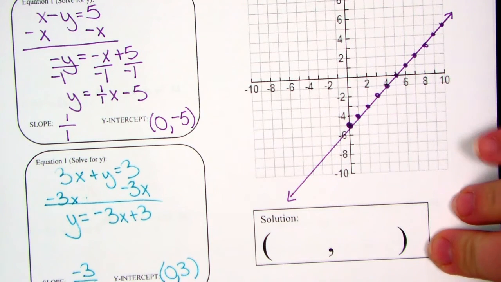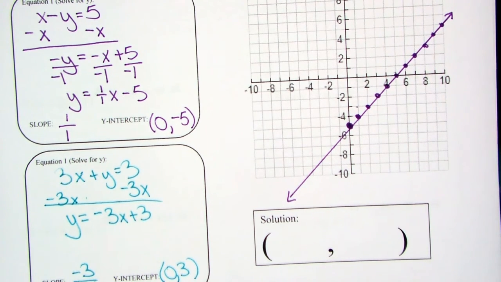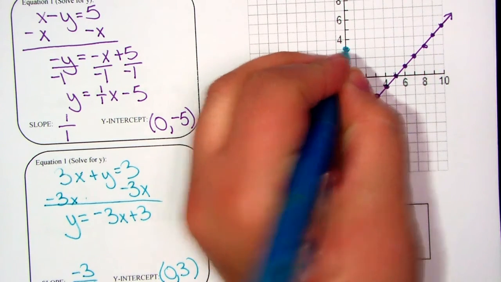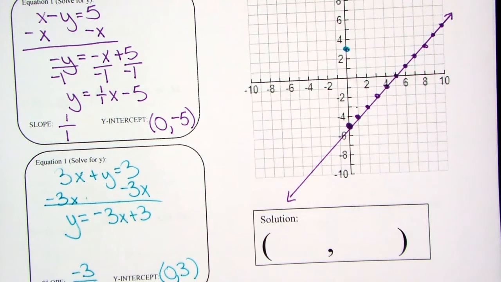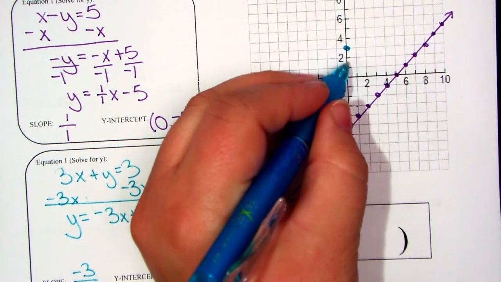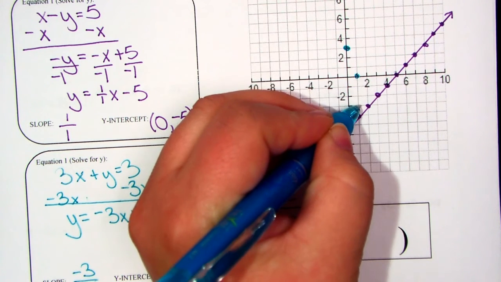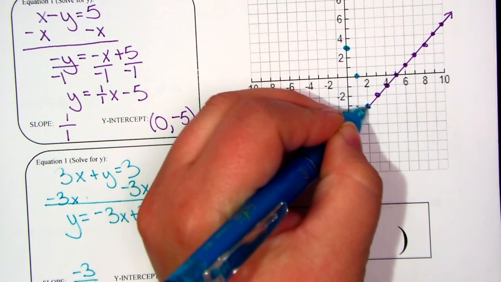To plot this, I'm going to start at 0, 3. 1, 2, 3. And then I'm going to count my slope from that point. Down 1, 2, 3, right 1. Down 1, 2, 3, right 1.